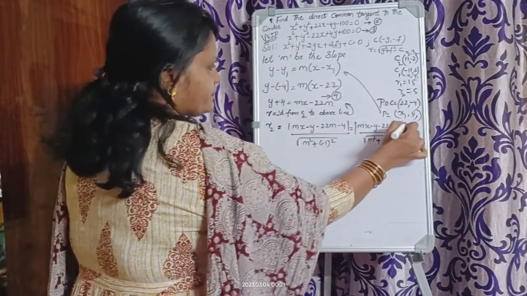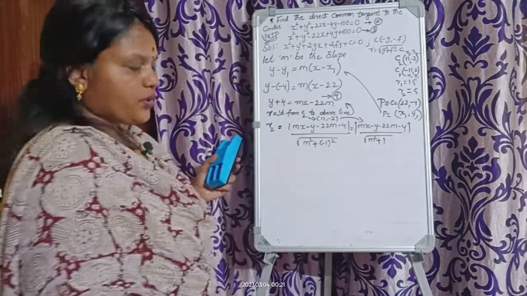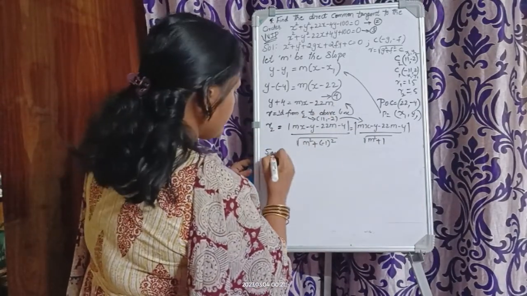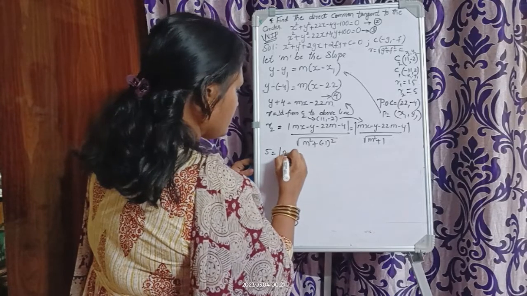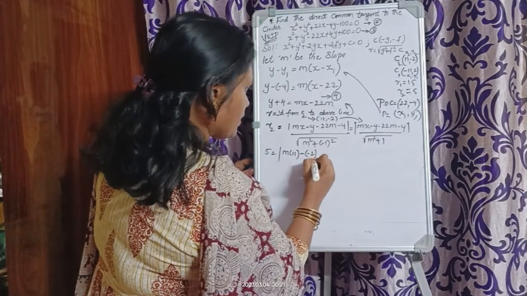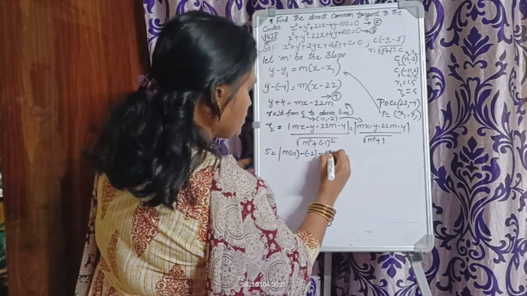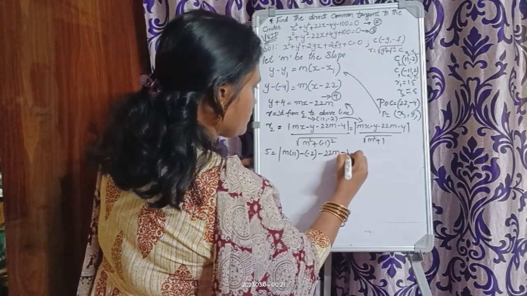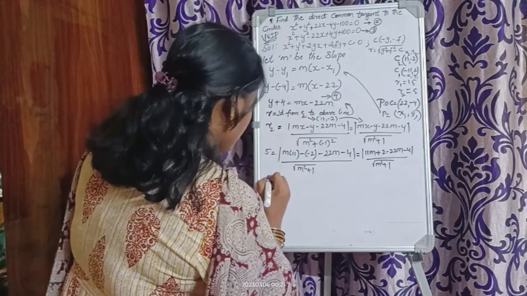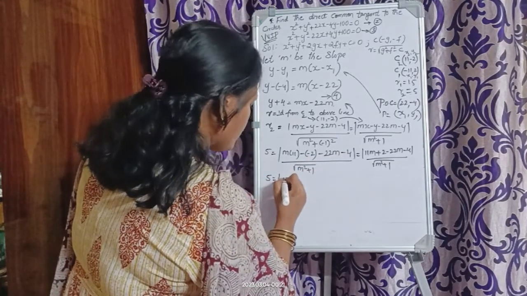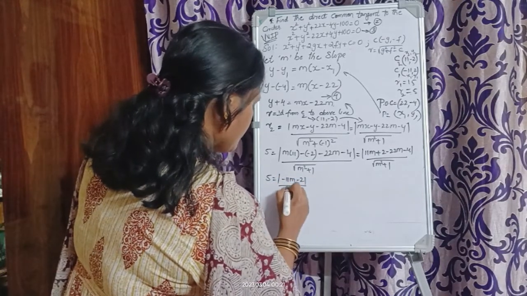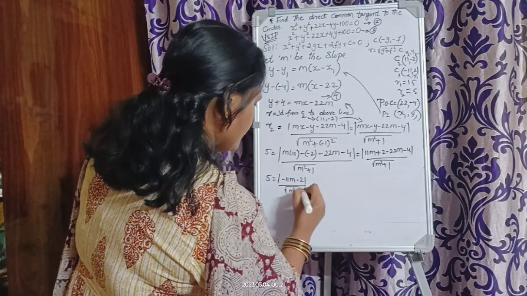Which implies R2 we got is 5, which is equal to mod of minus 11m minus 2 by square root of m square plus 1.